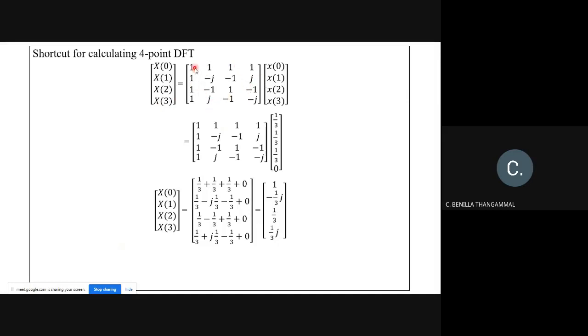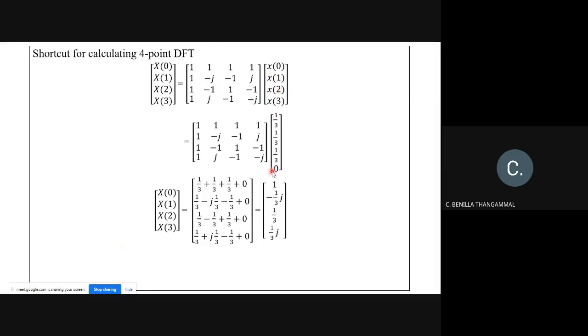So I have to learn it by heart, right? So the first row is going to be 1, and the first column is going to be 1. And here it's 1, minus j, minus 1, j, and 1, minus 1, 1, minus 1, and this reverse of it, so 1, j, minus 1, minus j. You just learn this by heart, and this is going to be the input sequence.